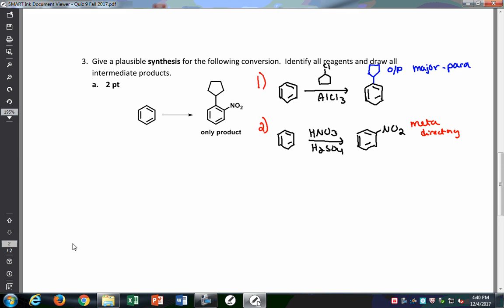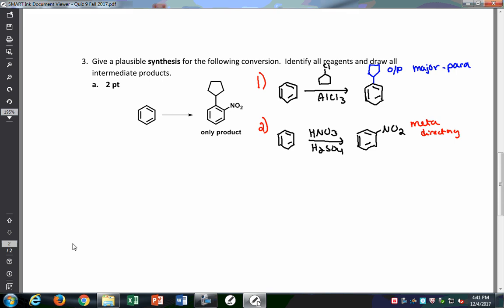The other thing is, once we put that cyclopentane ring on there, para is going to be major, but all we want is the ortho product. We can do that by using a blocking group. So we're going to have to do another reaction to block that para position.